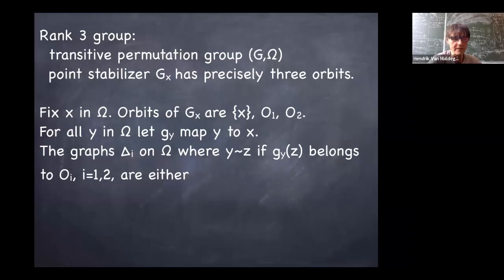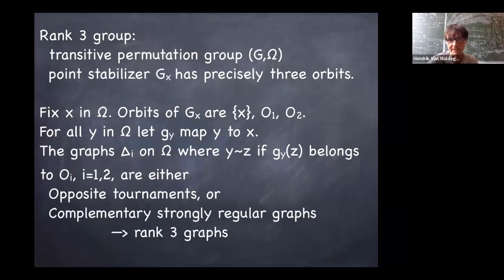If it belongs to O1, then you make the graph delta 1, and if it belongs to O2, then you make the graph delta 2. Then these graphs are either opposite tournaments, so directed graphs, or they are complementary strongly regular graphs, and that's the situation that we want. This is in particular true when O1 and O2 have different size, and most of the times they have different size, of course. So we have rank 3 graphs in this way.